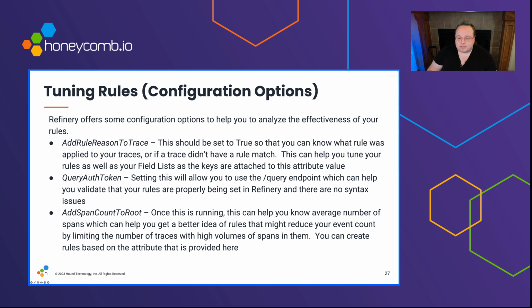For instance, if I'm sampling a bunch of 5-span traces, then I'm not necessarily going to reduce my event volume nearly as much as sampling traces that tend to have thousands of events. You can also create rules around the meta span count field in your rules-based sampler as well. So that's a nice thing about add span count to root.